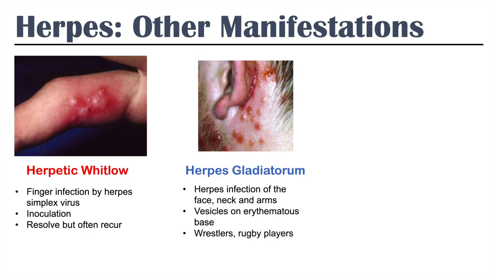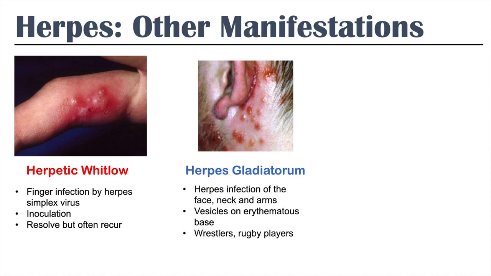In this case, herpes gladiatorum occurs in wrestlers and rugby players. So herpes gladiatorum, gladiators. You can think of gladiators, people that have physical contact with each other. One person might have an eruption of herpes and they're in physical contact with someone else. They can actually pass it on to another individual in a different location.